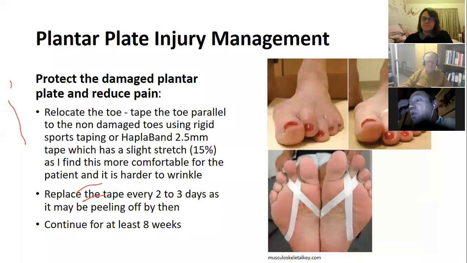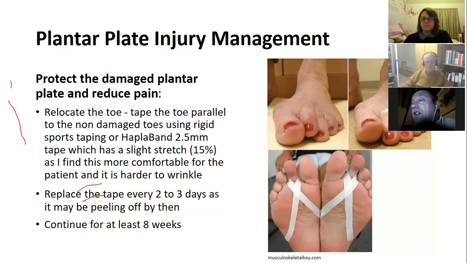With a younger patient with a trauma, you might not want to have any play, so you want to go for sports strapping. But for my elderly patients, where there's already a degree of subluxation there, I want to allow just a little bit of movement. So I have a tape with a tiny bit of stretch factor in it, and the one I use is Haploband, and it looks like this underneath the foot. It's not white, it's brown, but I put it in that arrangement.